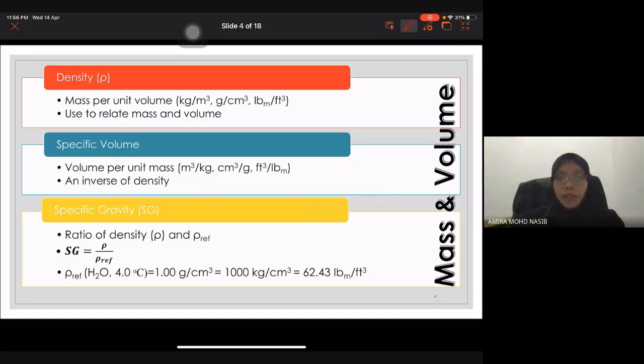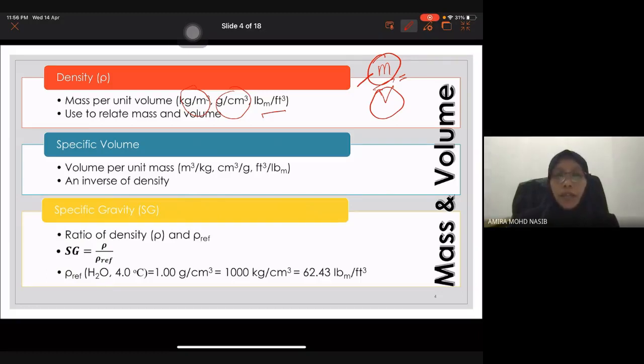So what is density? Density is mass per volume. There are a few options of units: kilogram per meter cube, gram per centimeter cube, or pound mass per feet cube. Density is used to relate mass and volume.